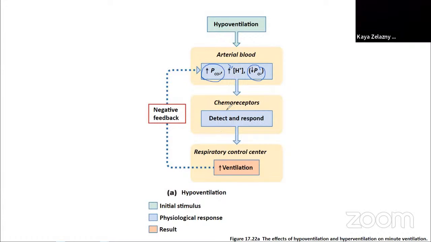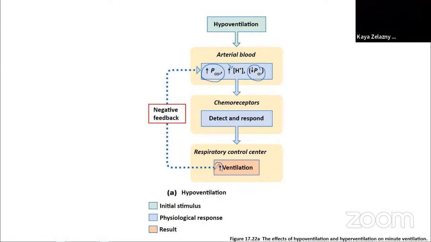Our chemoreceptors, both the peripheral and the central ones, are responding to a grab bag of these factors, depending on which chemoreceptor we're talking about. Peripheral, sensing all of them. Our central, sensing hydrogen ions, which is an indirect measure of carbon dioxide. So we've been breathing too slow, we've been hypoventilating.